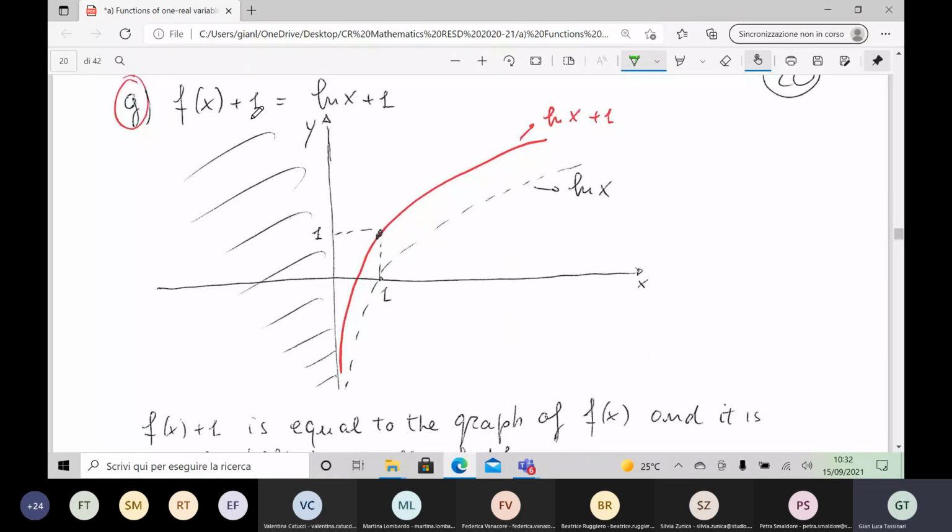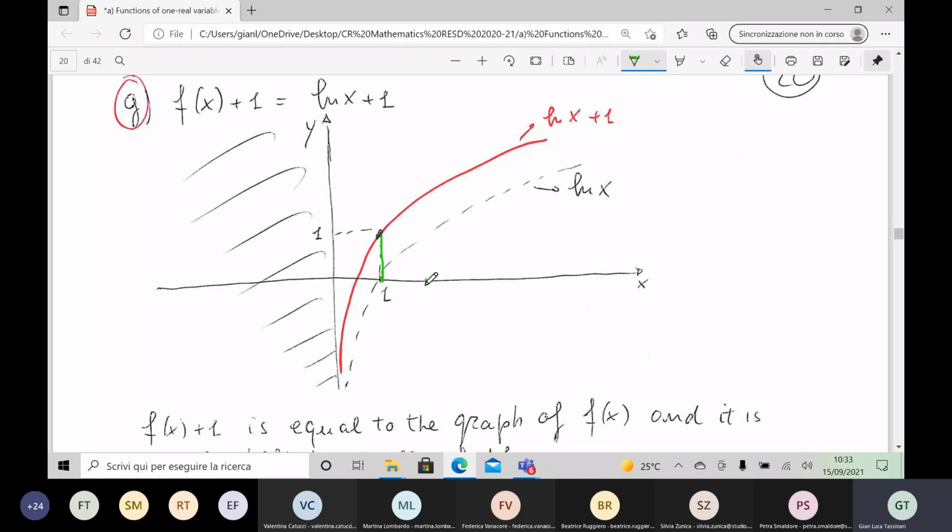So suppose that this is in blue, this in a black non-continuous line, the graph of ln of x. For example, ln of 1, when x is equal to 1, the value of the logarithm is 0. Which is the value of ln of x plus 1? It is 0 plus 1. So you see, this vertical distance is exactly equal to 1.